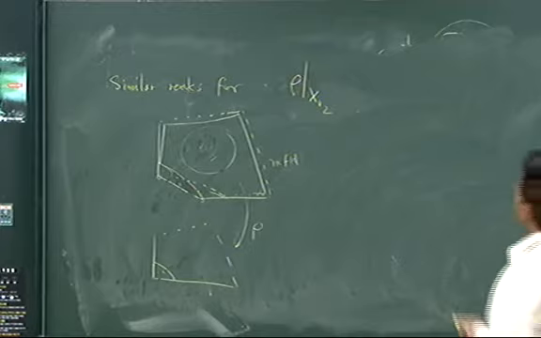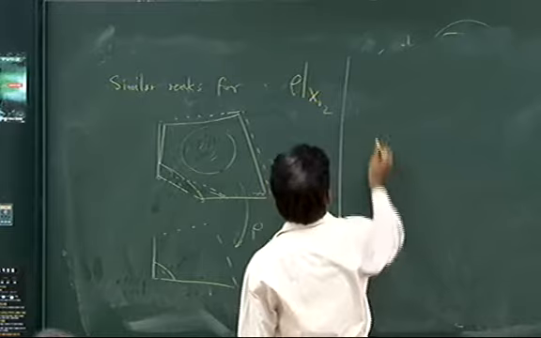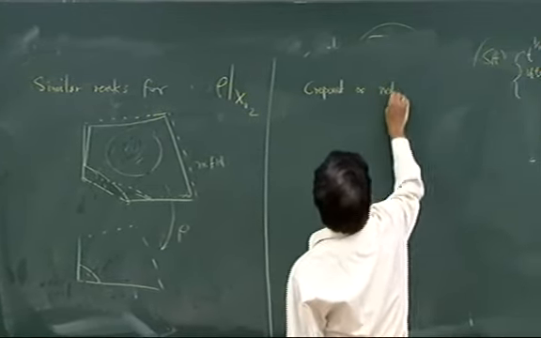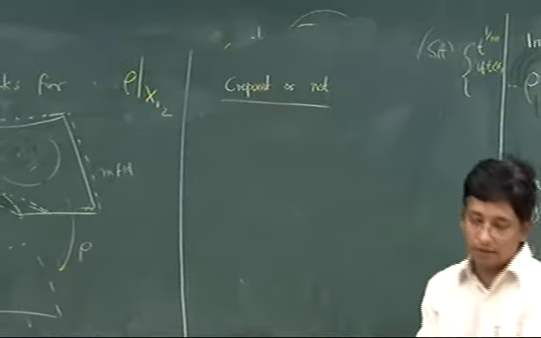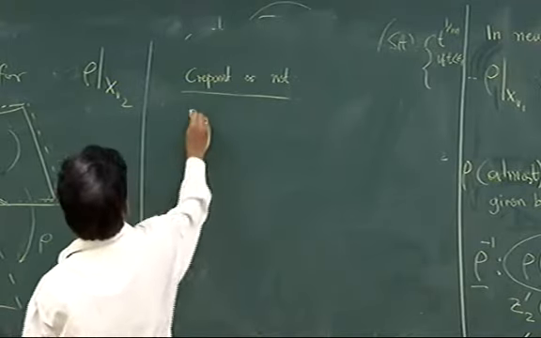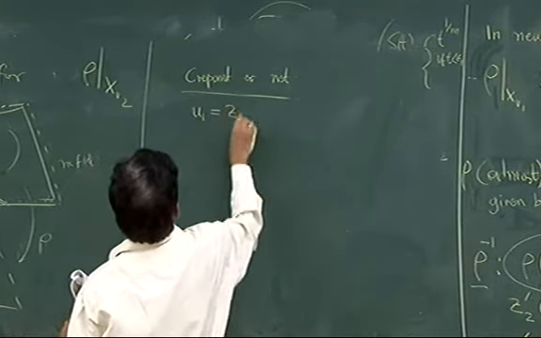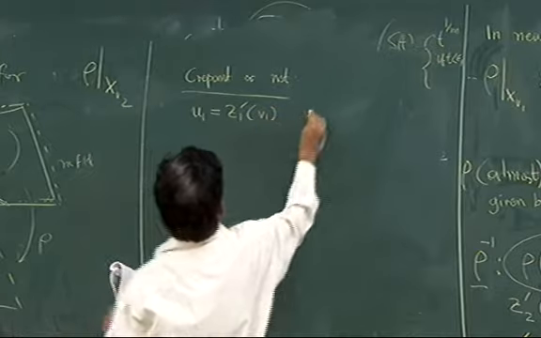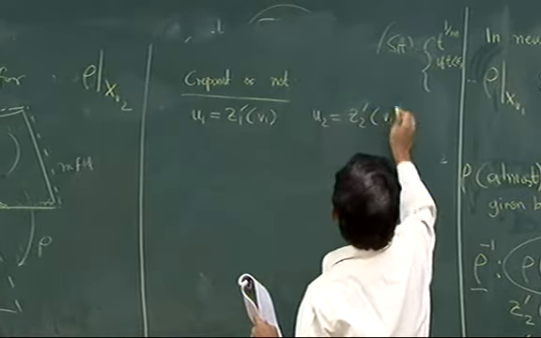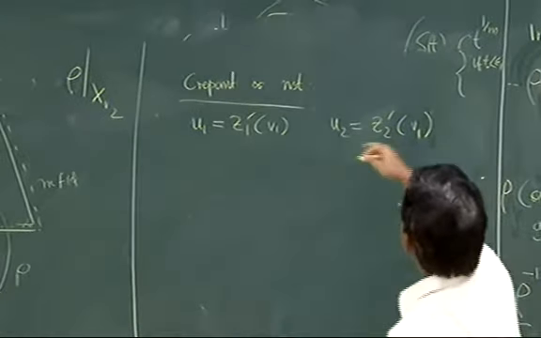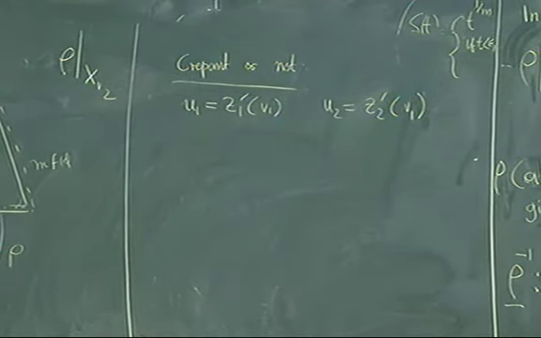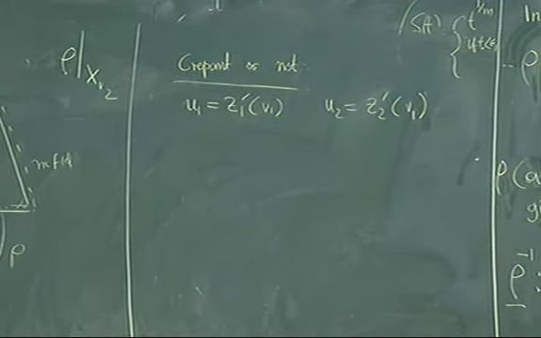Okay. So crepant or not. Okay. So let's write U1 equal to Z1 prime V1 and U2, just to simplify my notations. Let's look at one vertex, okay? And here I have the formulas.